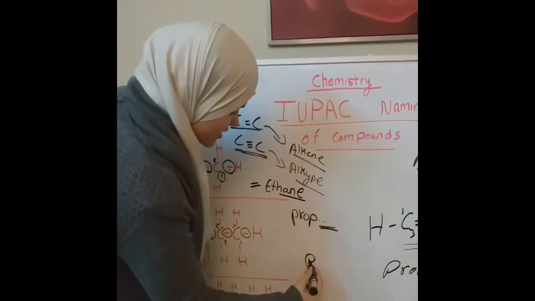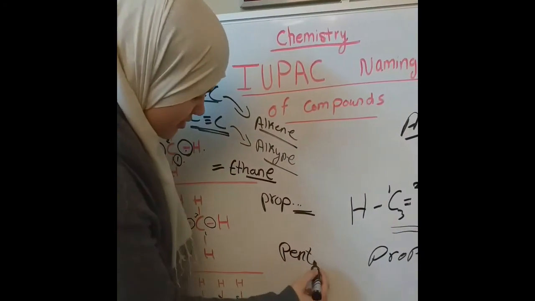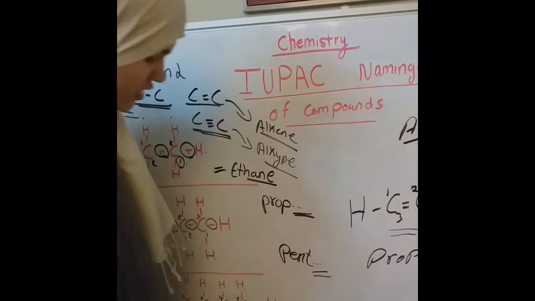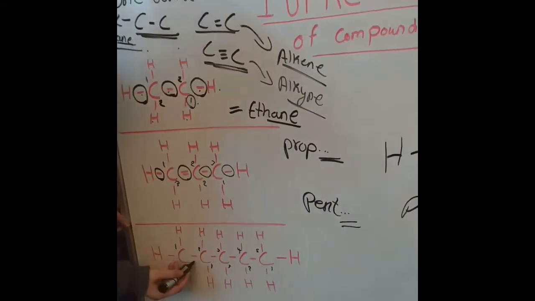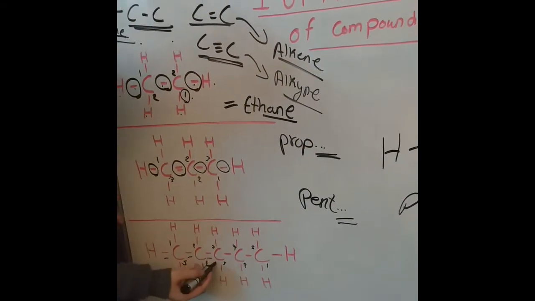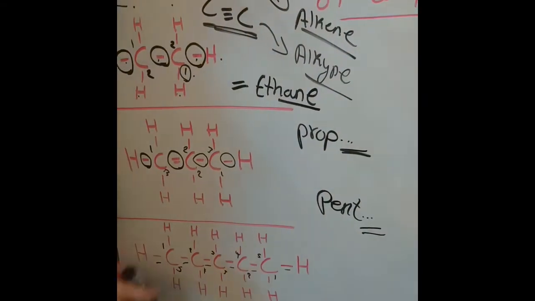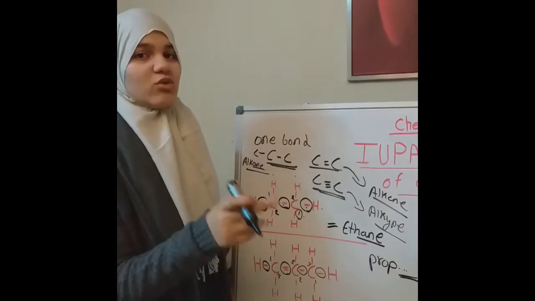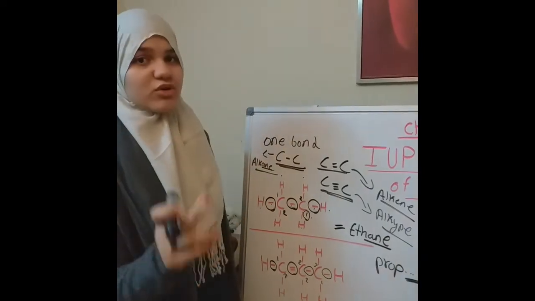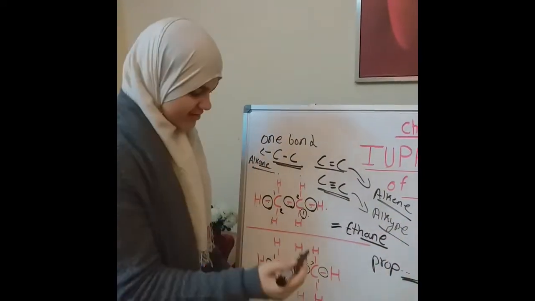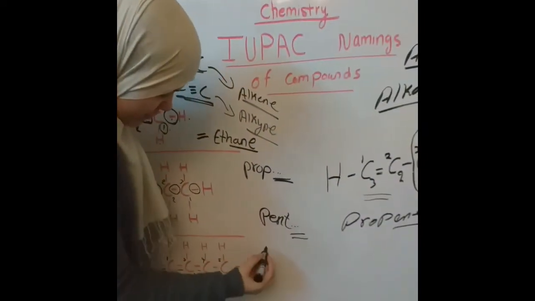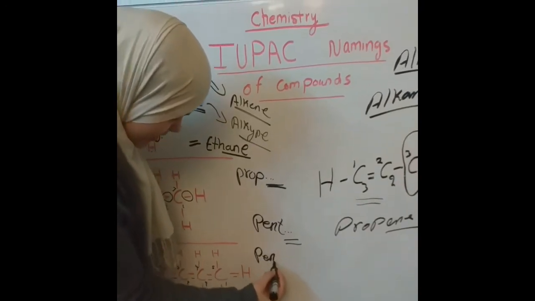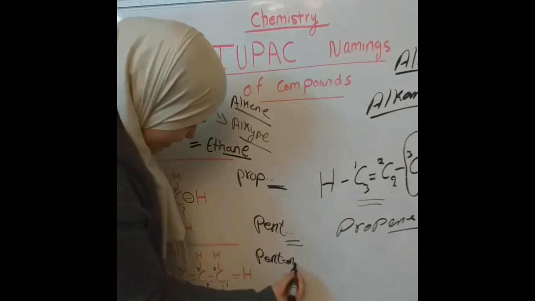It is pent. The suffix, we know it now. There is 1 bond in every carbon. That means it will be pentane with the suffix ane because alkane. It will be pentane.